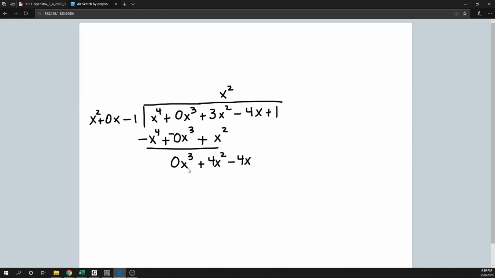And so that would be 0x. Just double check that that works, right? I would have x times x, which is x cubed, right? And then 0 times this understood 1 out here gives me the 0.